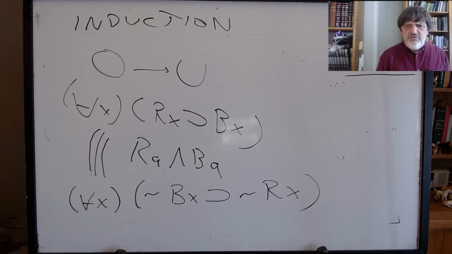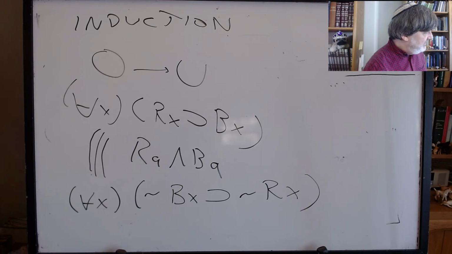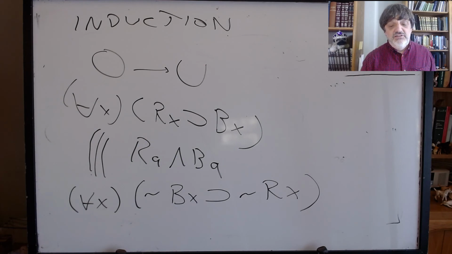Do people understand why those are equivalent? If we found something that was not black but was a raven, then it wouldn't be true that all ravens are black.